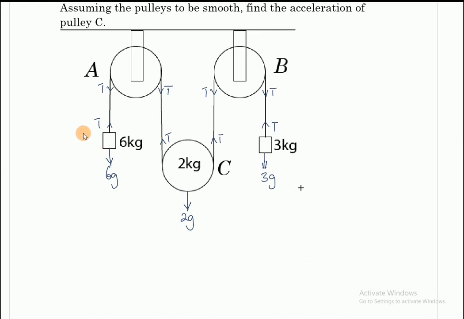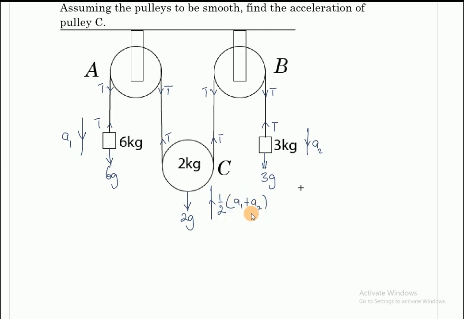Now this one has acceleration A1, and this one moves downwards with acceleration A2. That shall call for this to move upwards at acceleration a half of A1 plus A2.